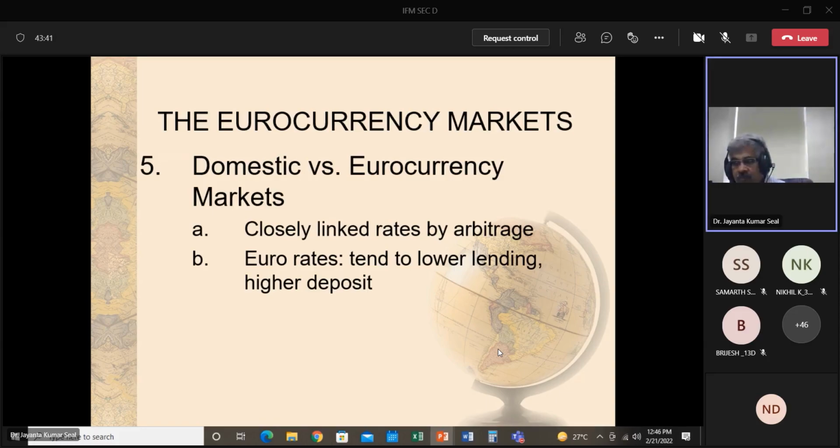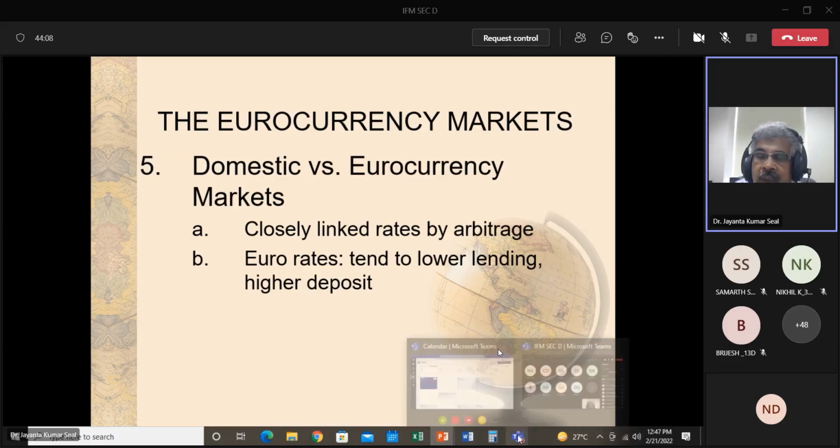So this is cheaper as long as, I repeat, you borrow in foreign currency in the foreign market. If you have to pay in a particular foreign currency, then it is different. Otherwise, when you borrow foreign currency in a foreign market, it becomes cheaper when the interest rate is very low. Now the interest rate is always low in this market.